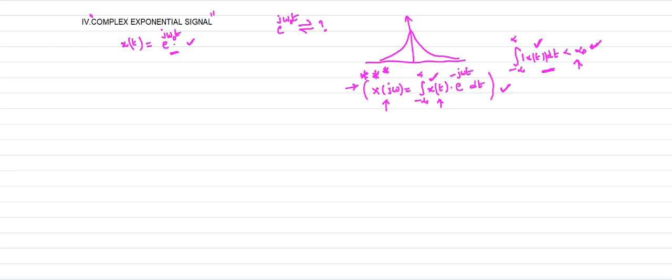Whenever the signal is not absolutely integrable, or whenever the signal is not converged in time, converged in time means whenever the t progressively increases, the signal magnitude decreases drastically. That is the meaning of convergence. So what is the meaning of not converged? Whenever the time progressively increases, the magnitude of the signal further increases, that is the non-converged signal.